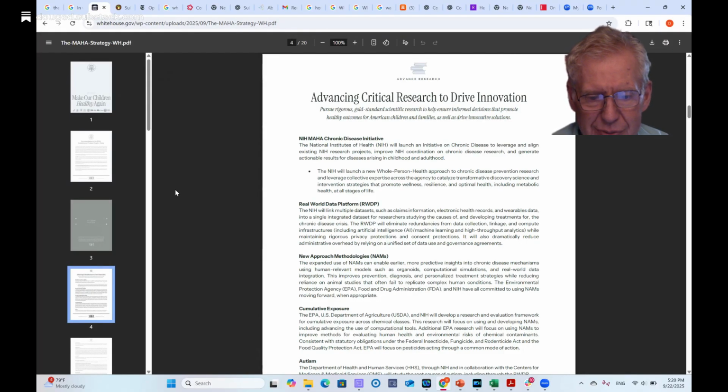The RWDP will eliminate redundancies from data collection, linkage, and compute infrastructures, including artificial intelligence, AI, machine learning, and high-throughput analytics, while maintaining rigorous privacy protections and consent protections. It will also dramatically reduce administrative overhead by relying on a unified set of data use and governance agreements.